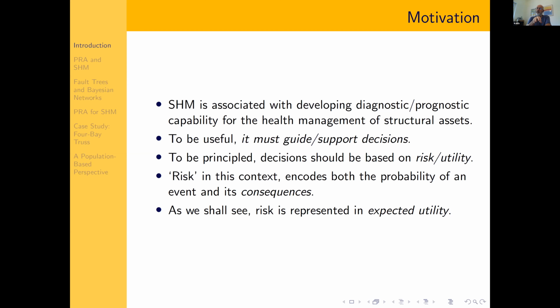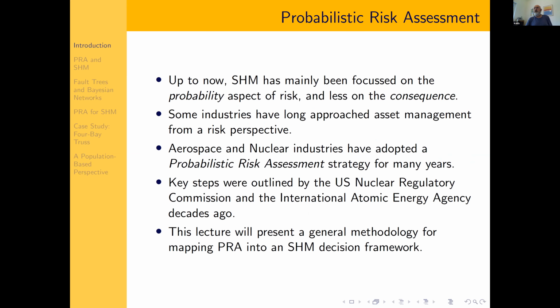So the probabilistic side comes in through the expected part of that, and then the consequences come in through the cost. And up to now, SHM has mainly been focused on the probability aspect of it, which was hard enough actually, and less on the consequence. But this isn't a general situation.